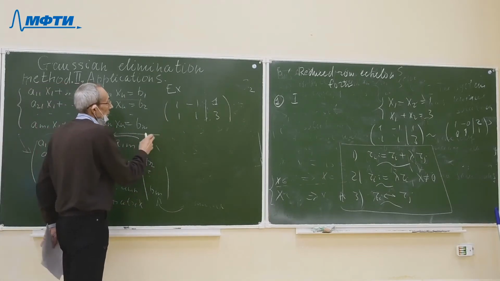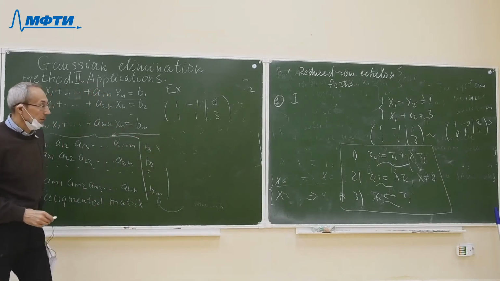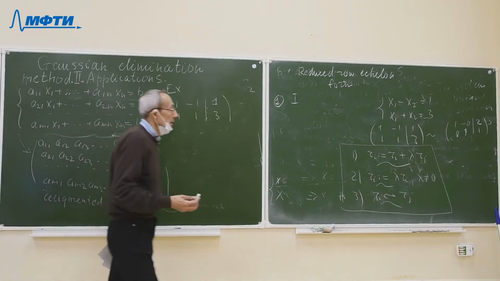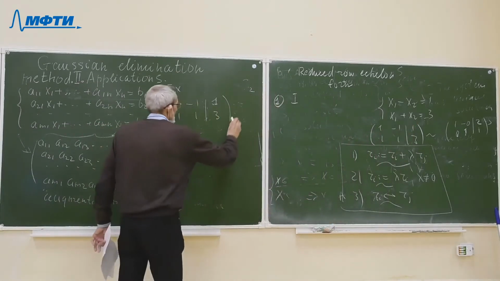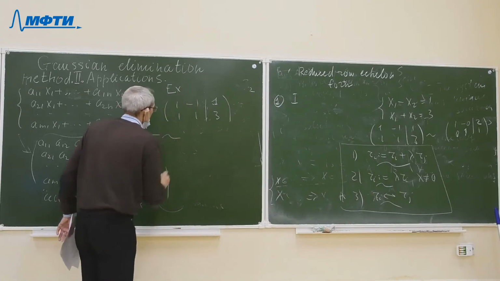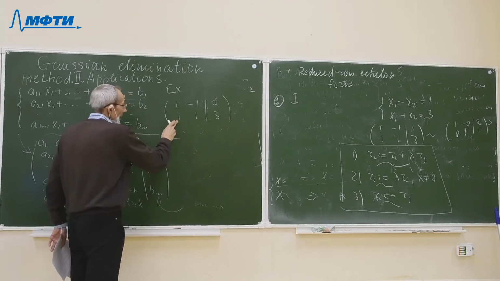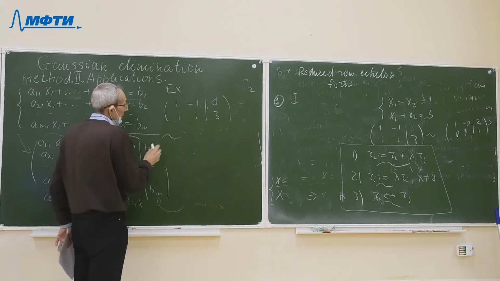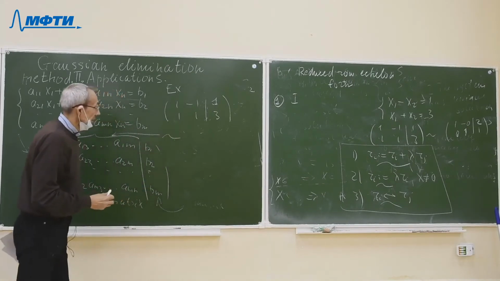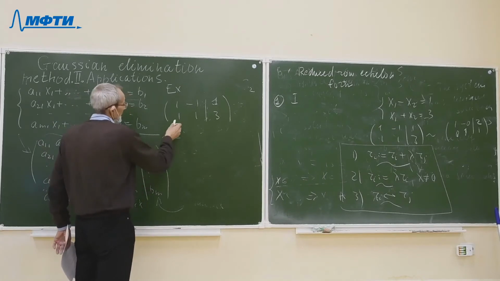Our goal is to exclude the first variable, to express the first variable in terms of the second. Each operation is equivalent to the following. We want to put the first variable equal to 0, and we can subtract the first equation from the second equation.